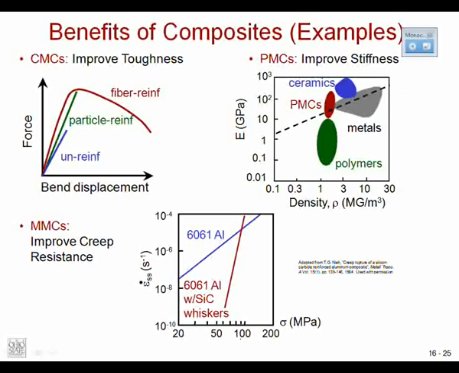So this is important. This is one of those things I would want you to know by the end of the semester. What are the main goals for the three different types of composites? With ceramic composites, if we have a ceramic matrix, we're trying to improve the toughness, specifically the fracture toughness.